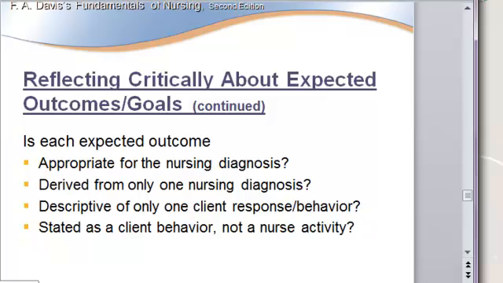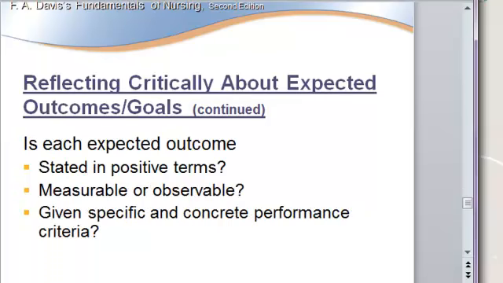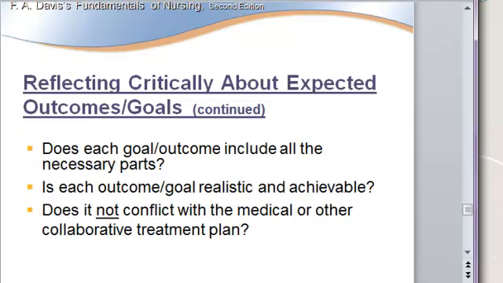Always the subject is the client. Is each expected outcome stated in positive terms? Is it measurable or observable, given specific and concrete performance criteria? Just go back and listen to the example I gave you, and that's how your outcomes and goals should be stated.